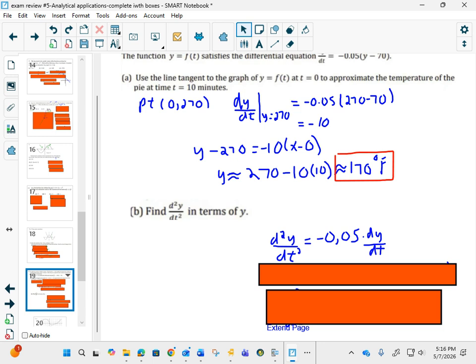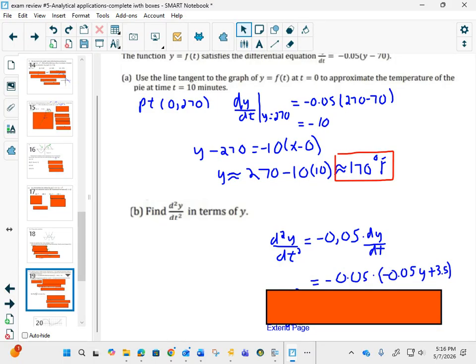If I multiply this out, this is going to be negative 0.05y minus a number. I don't even care what that number is because when I take the derivative, it's going to be 0. So I get negative 0.05, and then the derivative of y is dy dt. This question says in terms of y, so I have to replace the dy dt with the original equation from above.